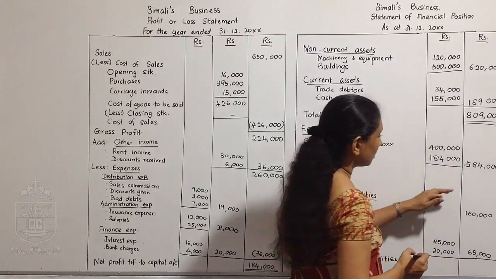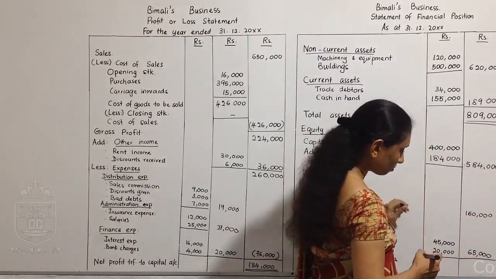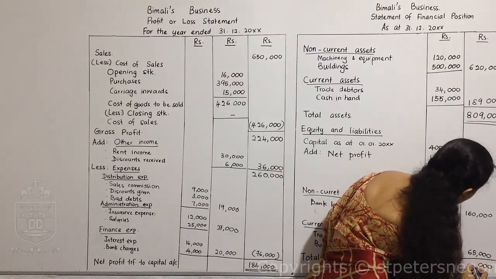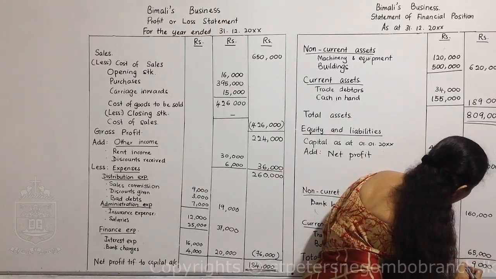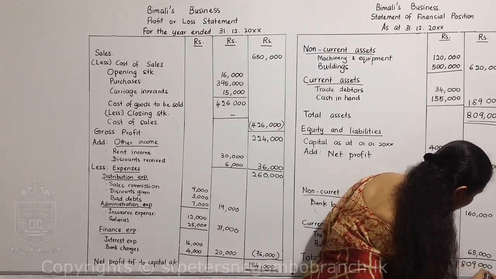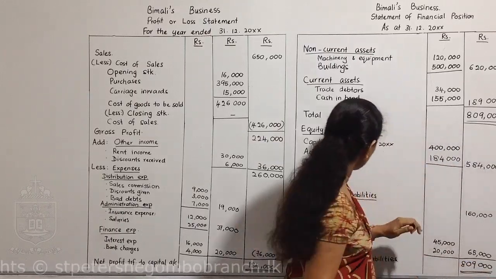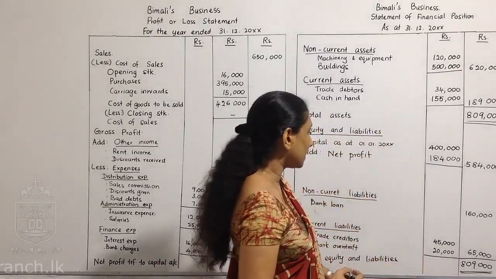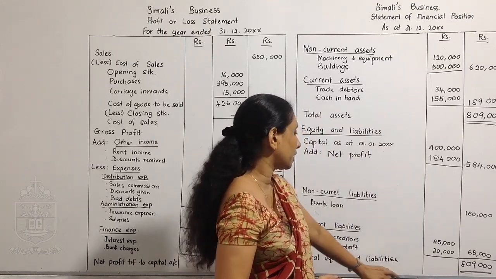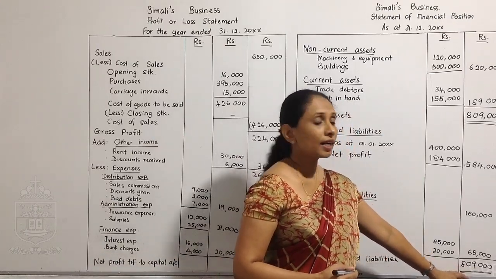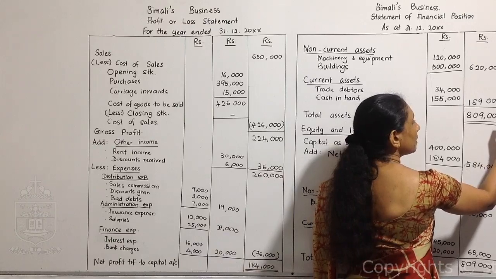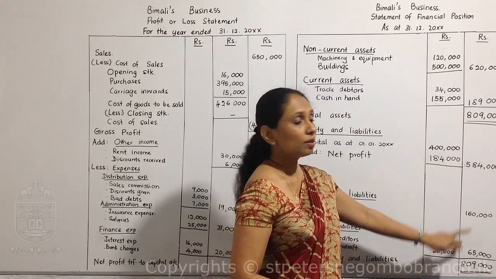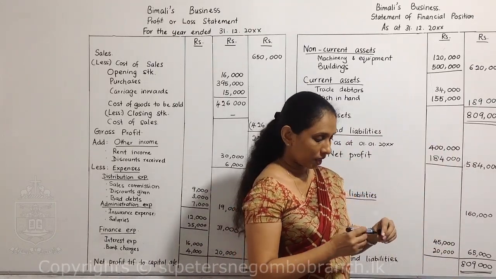So let's add the three together. We have an equity and liabilities total of 809,000. So you can see total equity and liabilities comes to 809,000. So you can see the total assets and total liabilities will be equal.